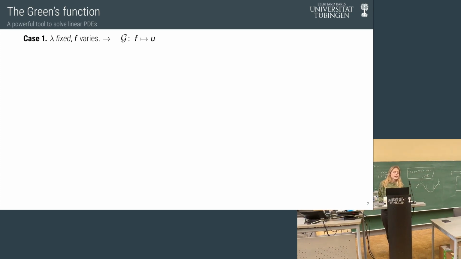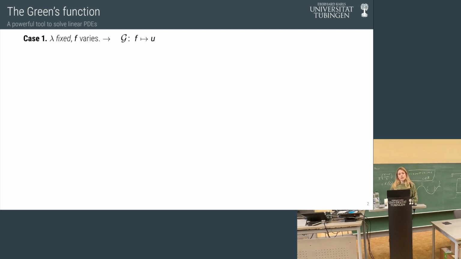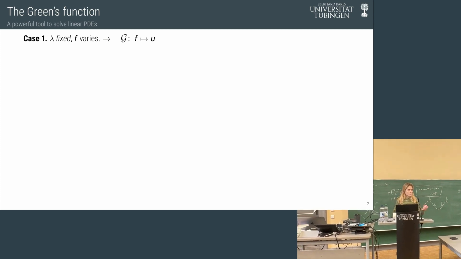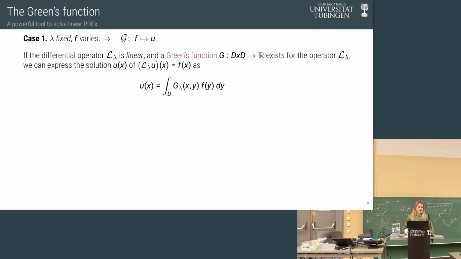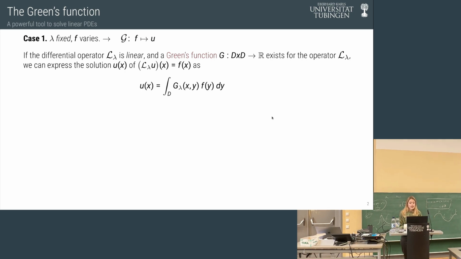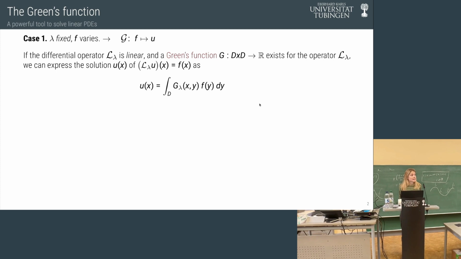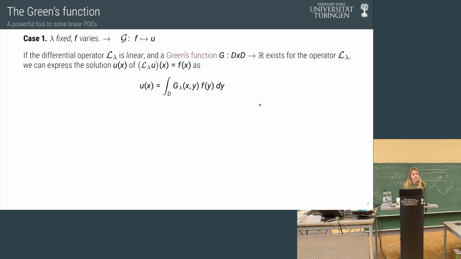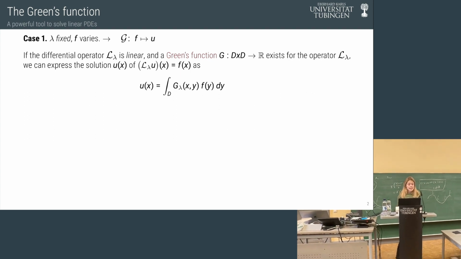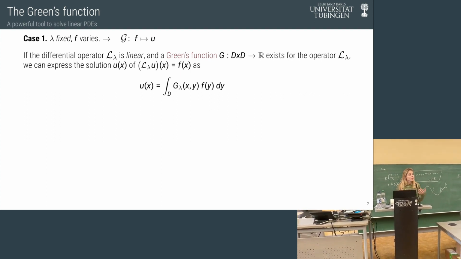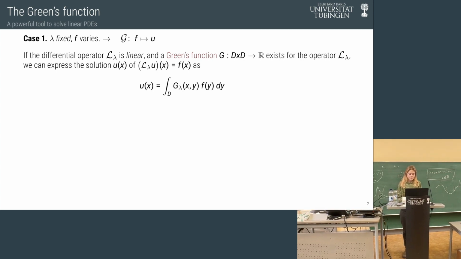In the theory of partial differential equations, there are many methods for solving PDEs, and one very powerful tool is the Green's function. I'm sure you heard of it. What is it? If this operator L is linear, then there might exist a function, here denoted as g, that enables me to express the solution as an integral of this Green function.